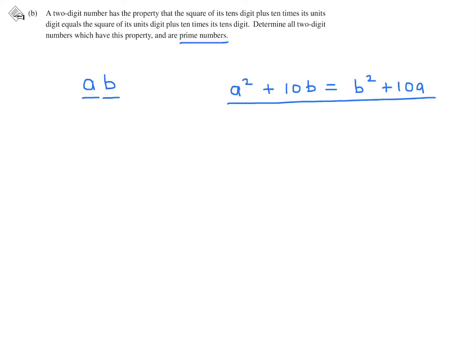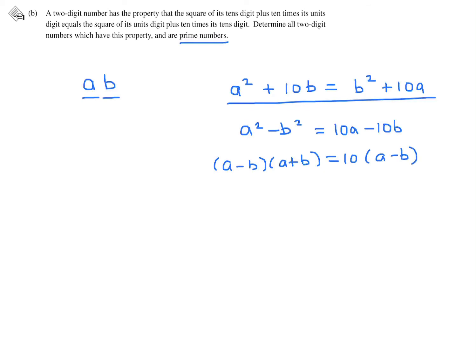So this is what we have to work with, and this is how we're going to figure out the numbers that they ask for in the question. So let's rearrange this. I guess a squared minus b squared equals 10a minus 10b on that side. If we factor this, we'll get a minus b times a plus b, and this side we can factor out a 10, and this is about as far as we can get.